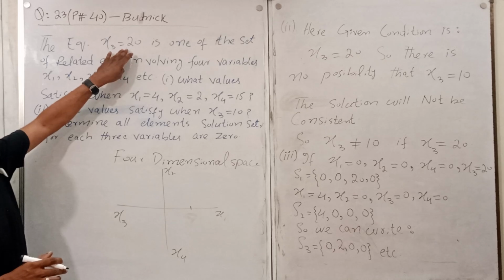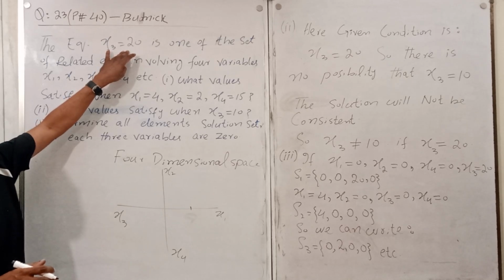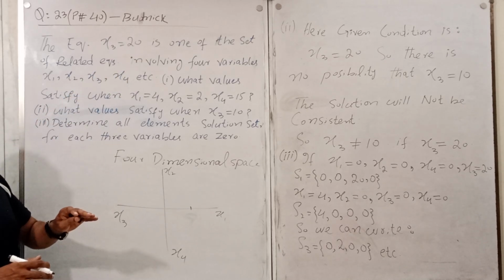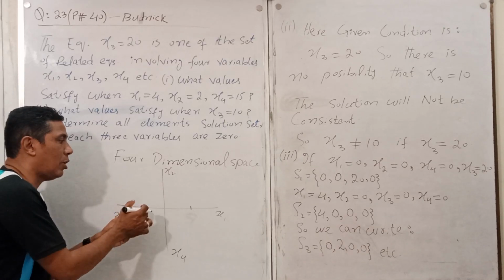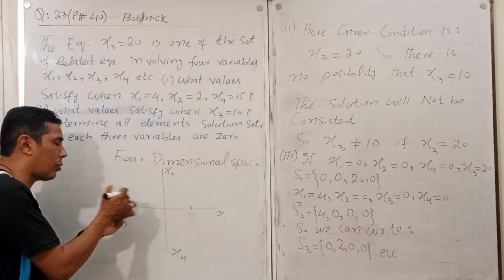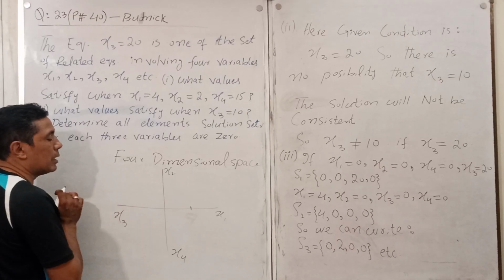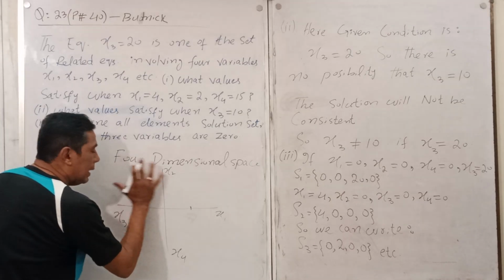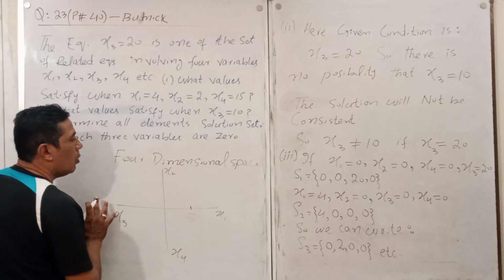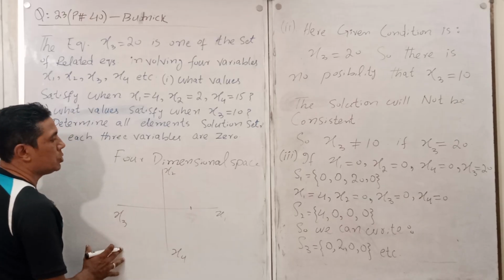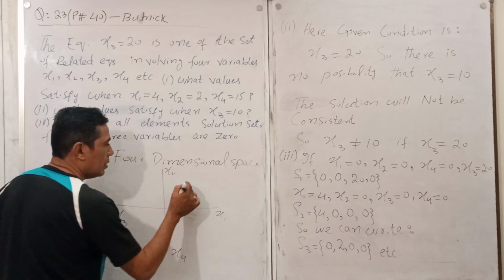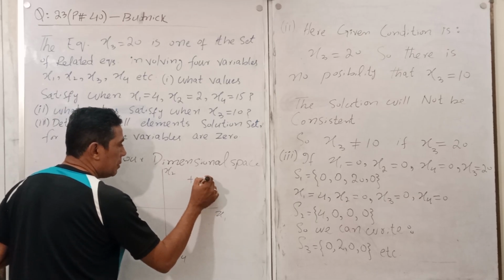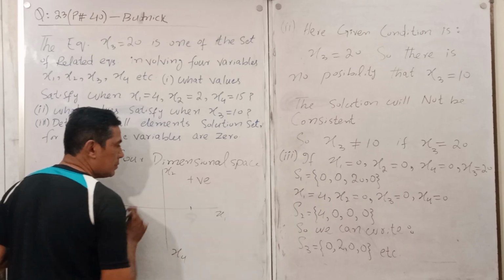Now this value is positive, so ultimately we cannot mark it here. According to the definition of the four quadrants, this is negative, but in this condition all the values lie in the positive region.